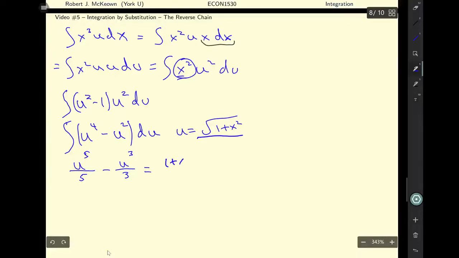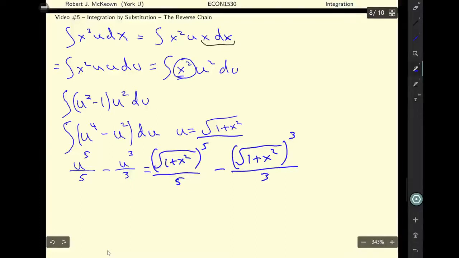the square root of 1 plus x squared, to the power of 5, over 5, minus the square root of 1 plus x squared, to the power of 3, over 3.